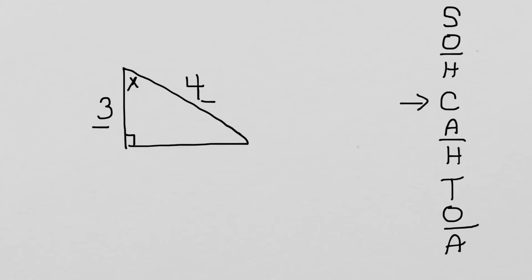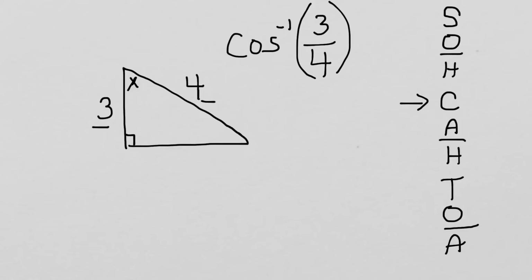Adjacent over hypotenuse is going to be 3 over 4. We know that it's cosine, so I should just say the arc cosine. To enter that in your calculator, you divide 3 by 4.